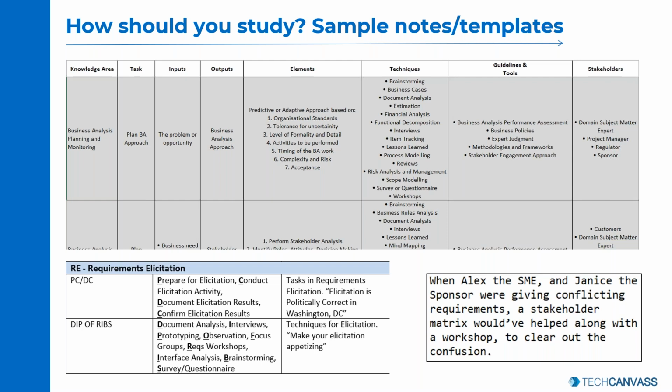So if you have an idea of what the knowledge area is doing and what the technique can do, if you compare them, you would have an answer, if not all, a bunch of it. That will be an inclination that helps you associate a technique with a task or a knowledge area.